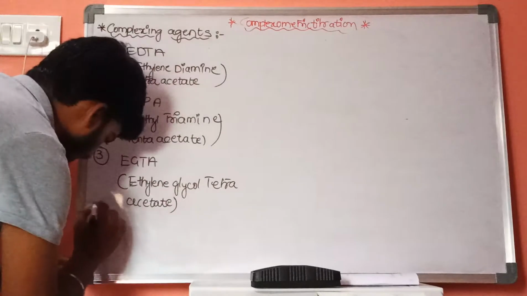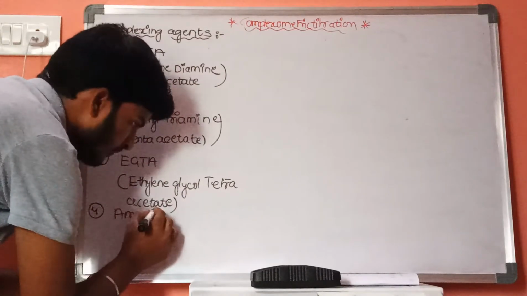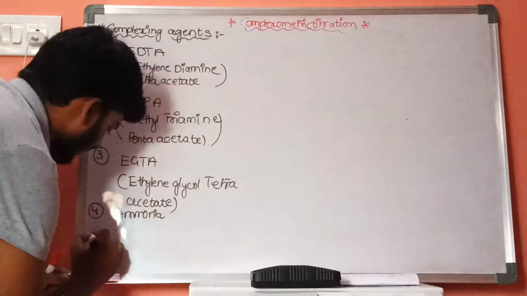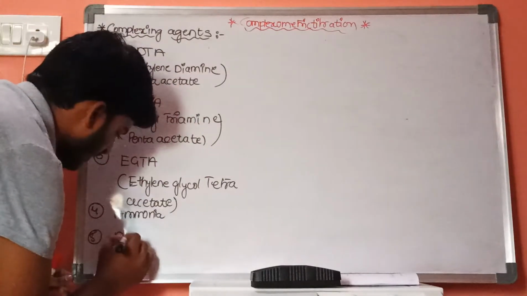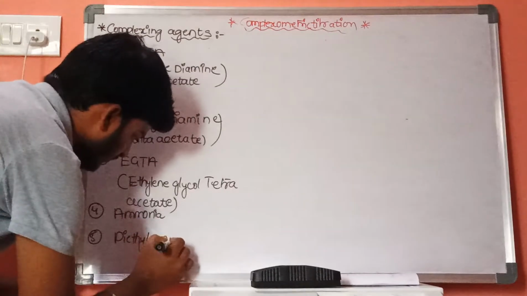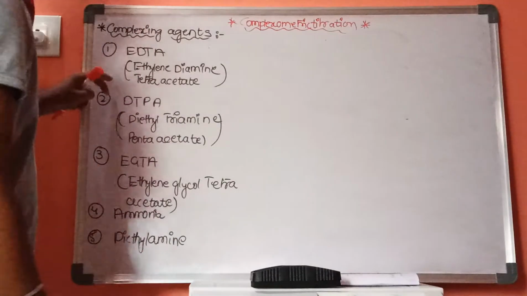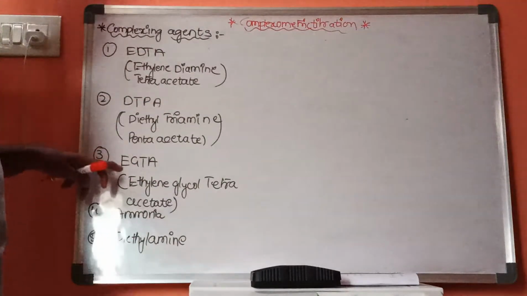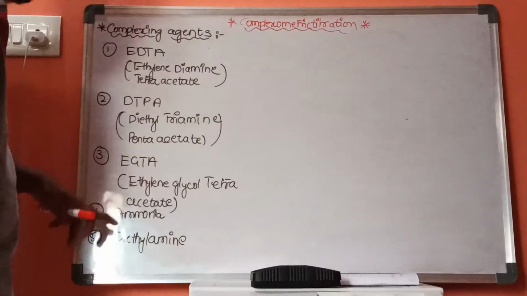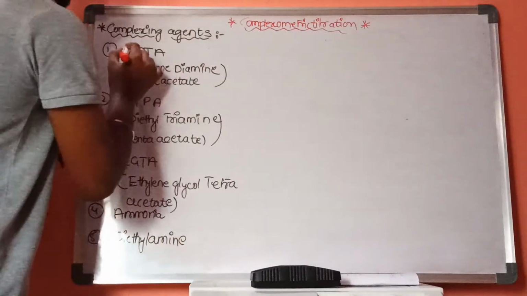Now fourth one is ammonia. Fifth one is diethylamine. First one is EDTA, second one is DTPA, third one is EGTA, fourth one is ammonia, fifth one is diethylamine.